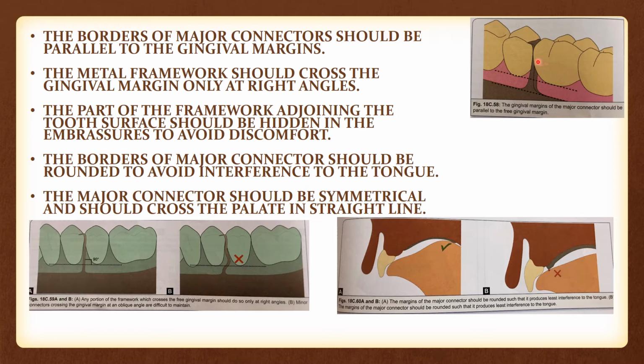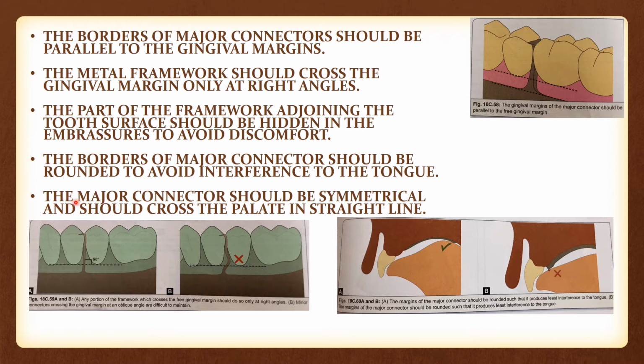The next is the borders of the major connector. They should be rounded to avoid interference to the tongue. If it is sharp, if it is not rounded, it will again injure the soft tissues. So it should be rounded.